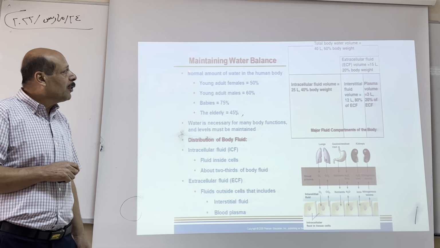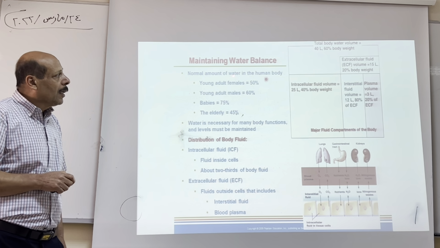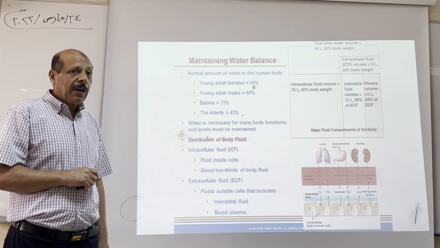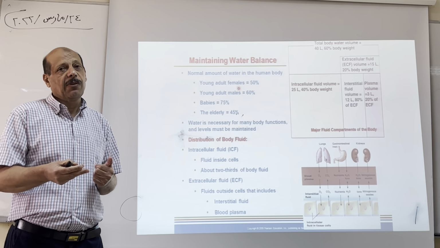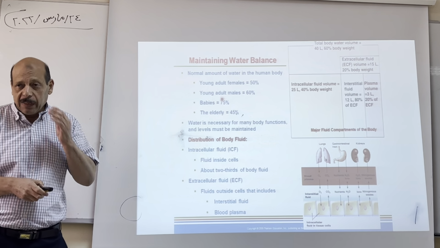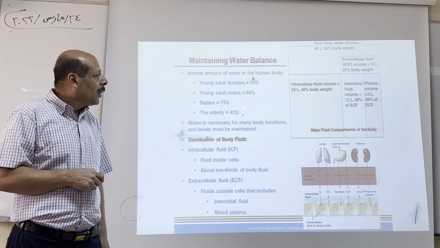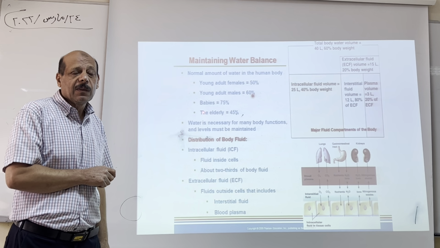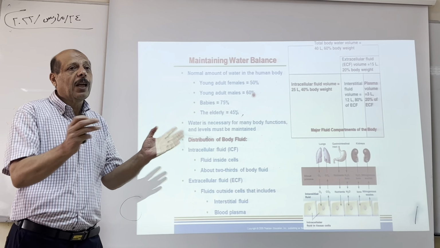So about maintaining water balance in our body: according to our age, the amount of fluid in our body is different. If we take a small child, the percentage of water is more than 75% of his total body weight.